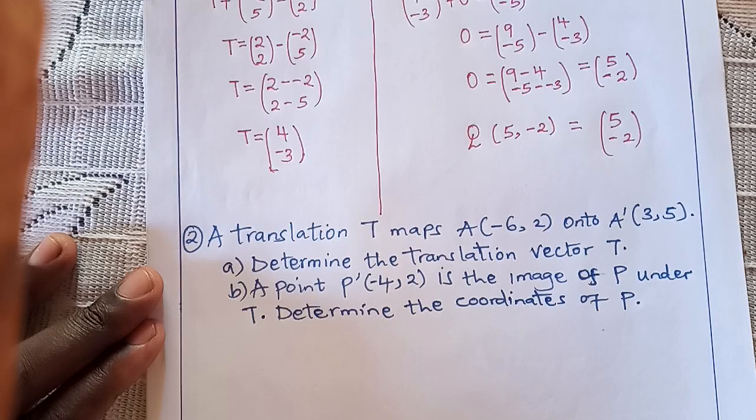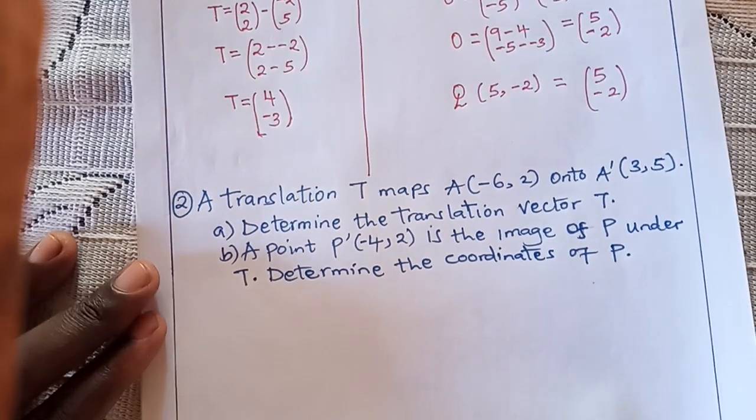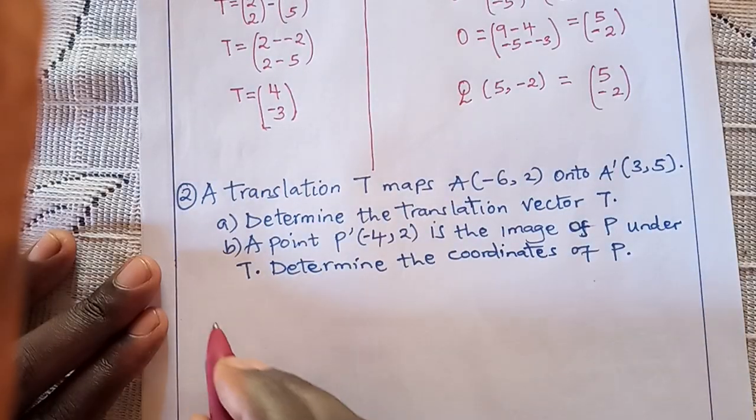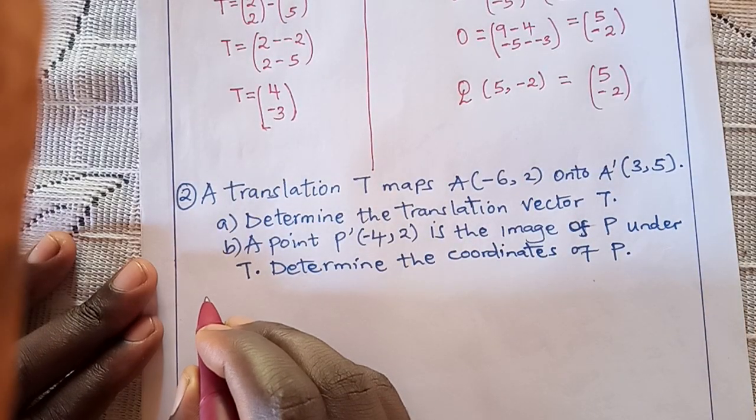We are supposed to determine the translation vector T. At the same time, part B is saying that a different point from A has an image negative 4 comma 2, and it was translated under the same vector, that is T. Now we are supposed to determine the coordinate of the object.